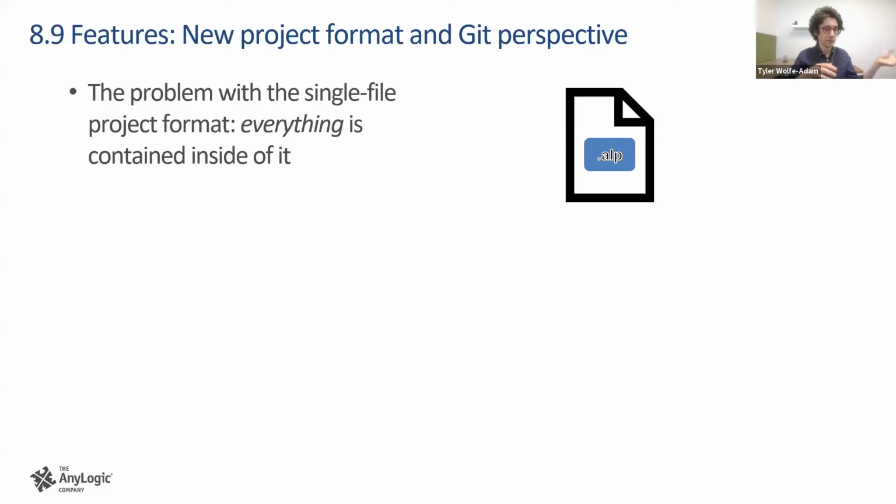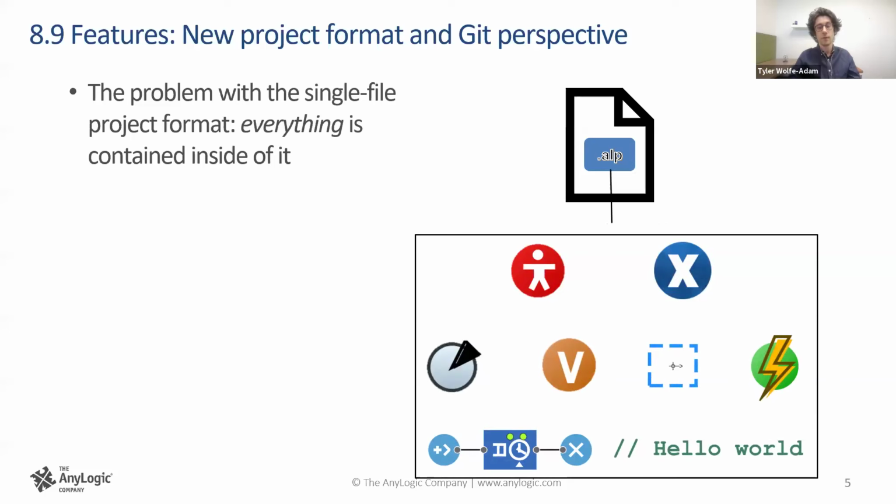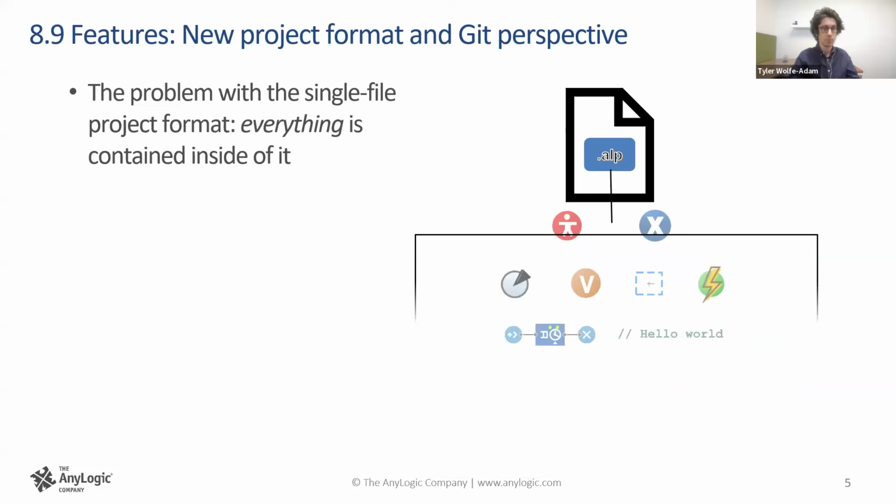For some context first about why this was not possible, or at least not easy, before: the original project format that many of you might be familiar with, the ALP file, contained everything in the model, from the definition of your agent types to the usage of them, including the variables, space markups, and much, much more. All of this was contained within a single file.